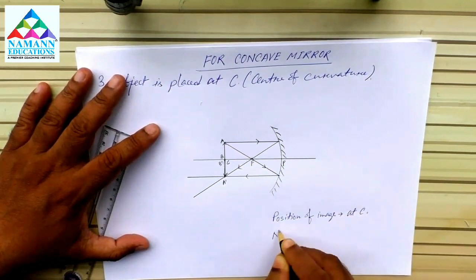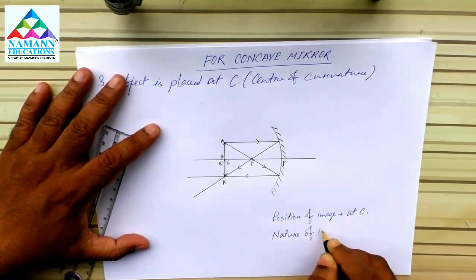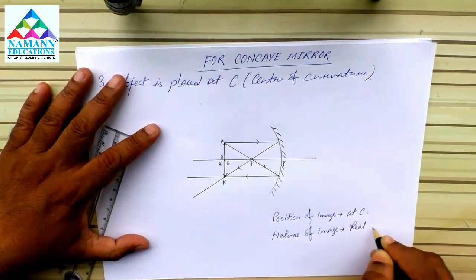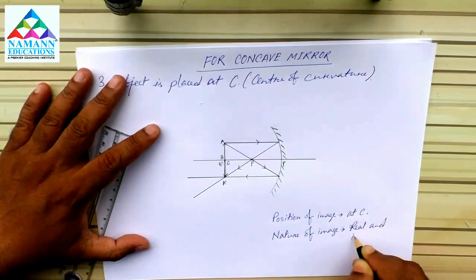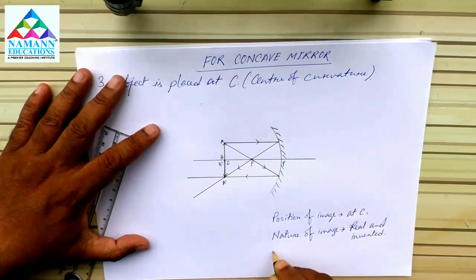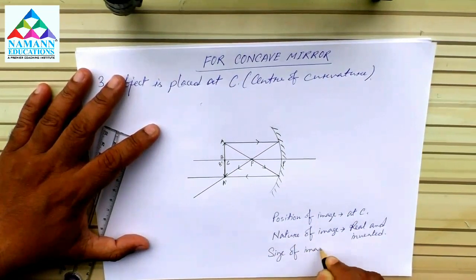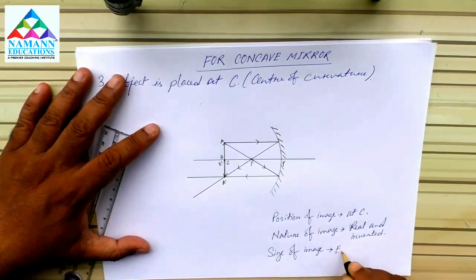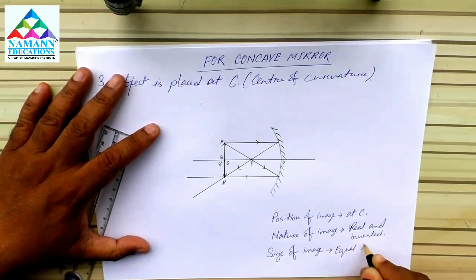If I ask you what is the nature of image, nature of image is real and inverted, as you can see in the diagram. And size of image is equal to the size of object.